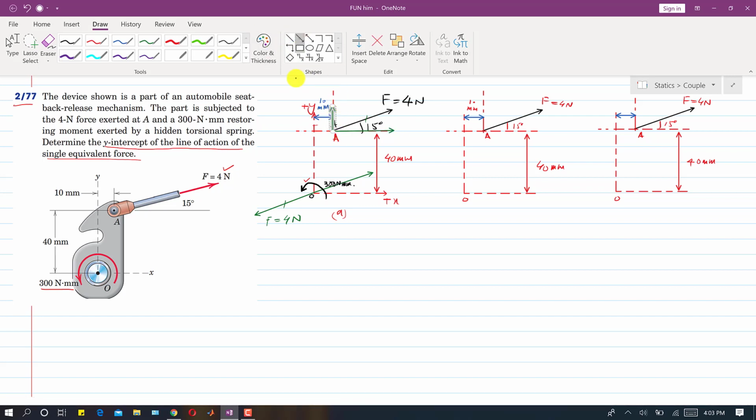Similarly, if I resolve this force which is producing a couple, this one will be the cos component in the opposite direction, and this one will be the sine component in the opposite direction. So let me write that this is f cos 15 degrees, or I can write that this is f of x and this is f of y. Similarly, this is f of x and this is f of y.